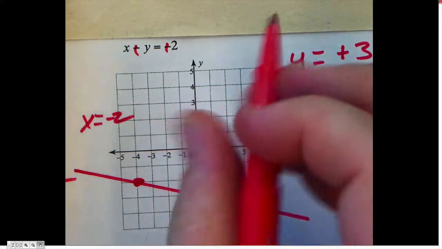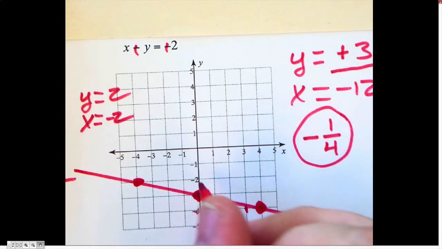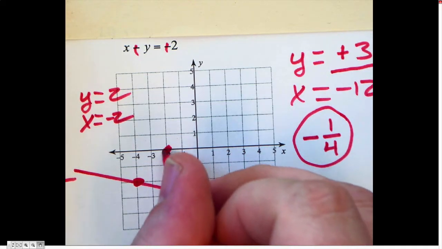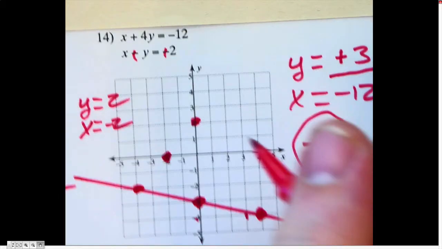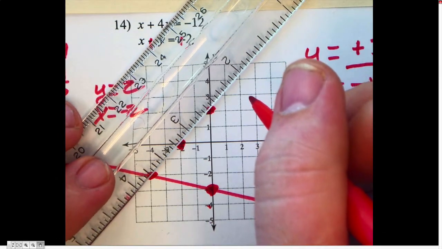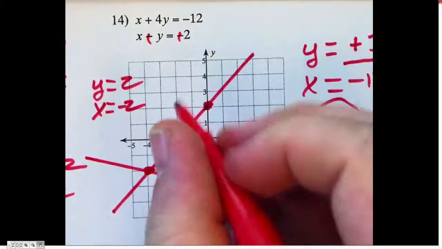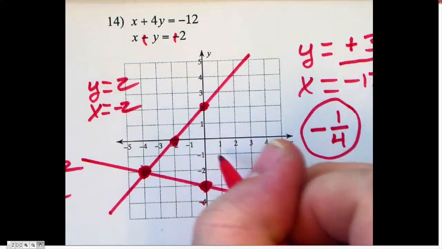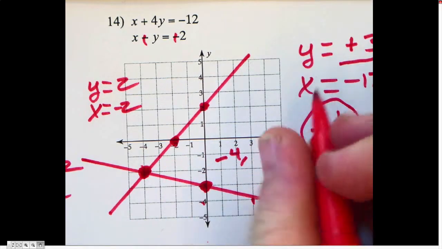Y equals positive 2. So when y is 0, x is negative 2, and y is a positive 2. And I can already see kind of where those are going to come together. It lines up perfectly with that other circle right there. And I can say, all right, the solution for this is negative 4, comma, negative 2.